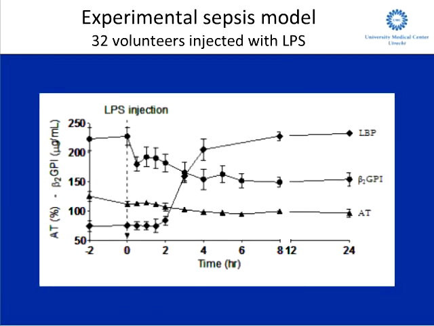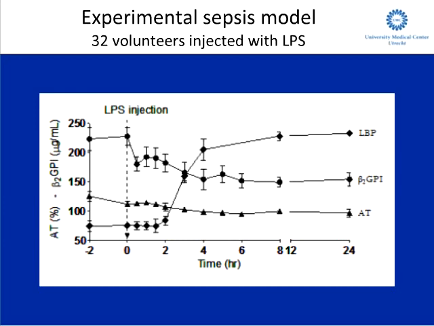And I said we were lucky that we were close to Amsterdam, where they injected volunteers, students, with a low dose of LPS, and have all kinds of samples available after they have injected the LPS. And in these samples we measured beta-2-glycoprotein 1. And what was very striking is that immediately after injection of LPS in these volunteers, there is a drop of about 25% of the beta-2-glycoprotein 1 levels, and it stays low over time.